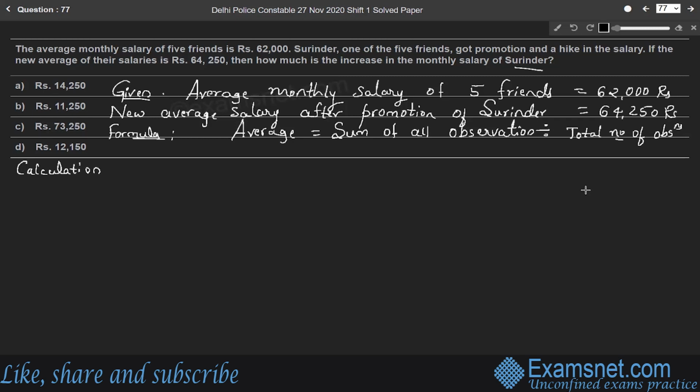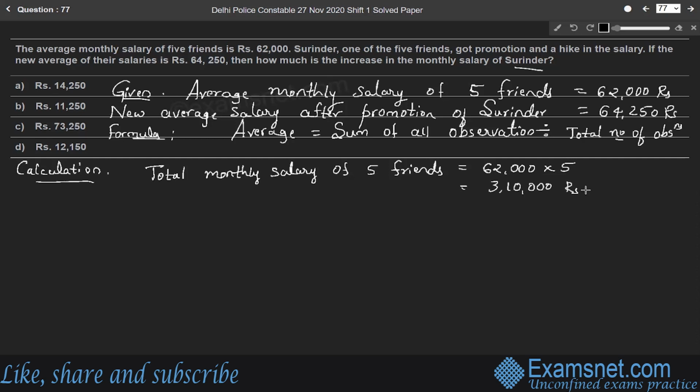Here we know the average monthly salary of 5 friends. So the total monthly salary of 5 friends is equal to their average salary into the number of friends, which is equal to 3,10,000 rupees. Right.